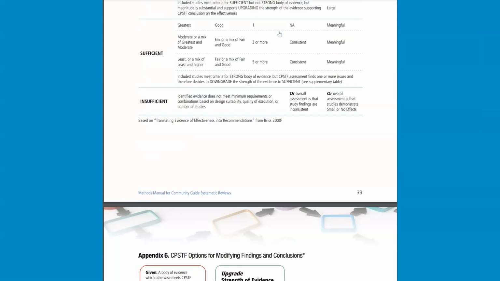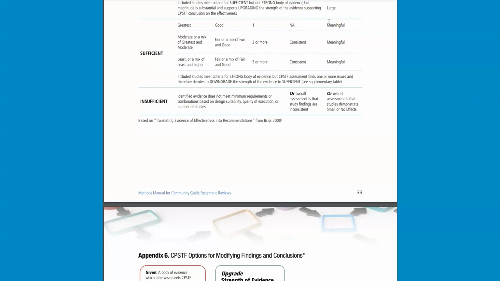And so if included studies meet criteria for a sufficient but not strong body of evidence, then of course the magnitude has to be assessed in order to support upgrading the strength of evidence or not upgrading it.